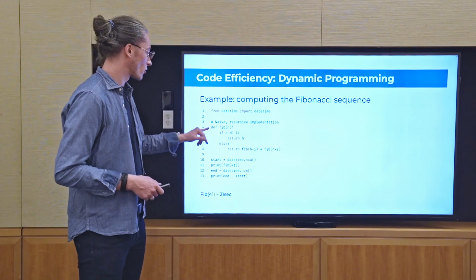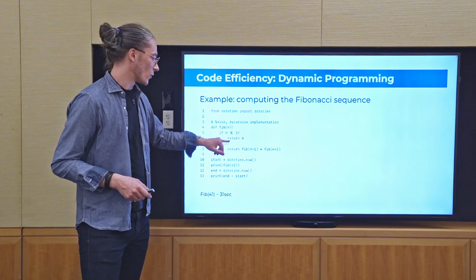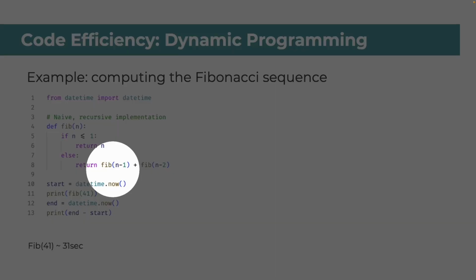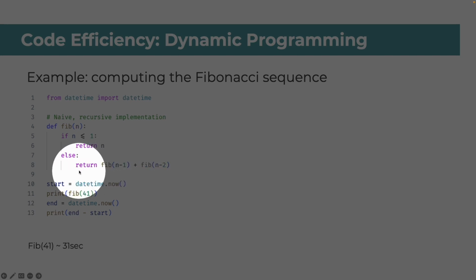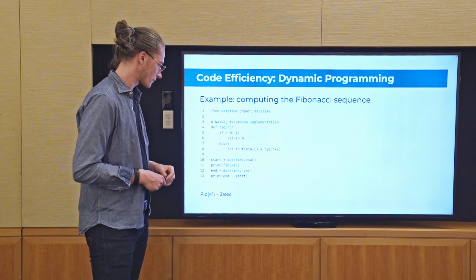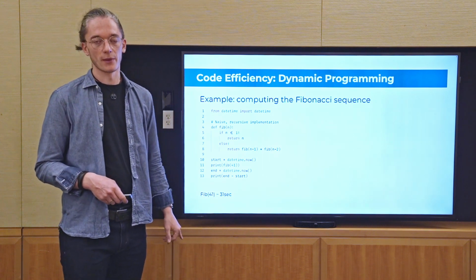So if I call this function with the argument 41, then it says, okay, I call the function itself with 40 plus 39. And the addition of these two numbers will be the final result that I return. And then internally it iterates that over and over again until it reaches 0 and 1. Now, it takes my computer, as I said, half a minute to compute that.